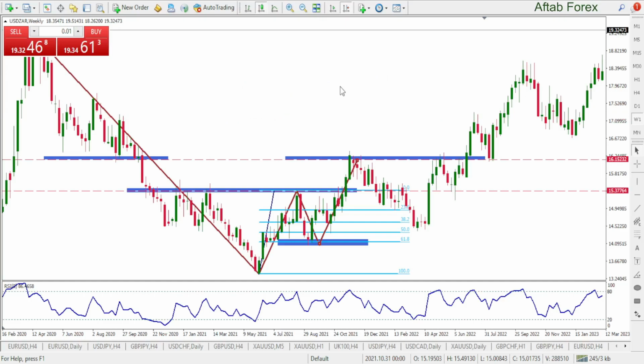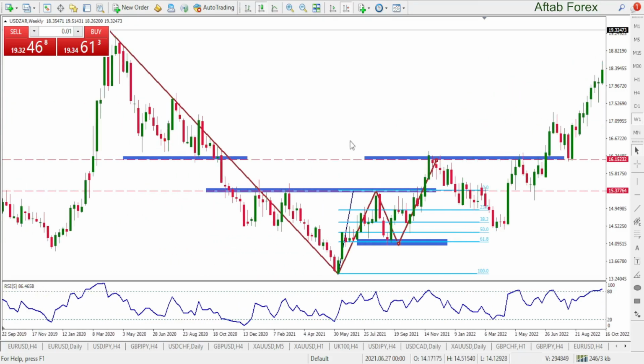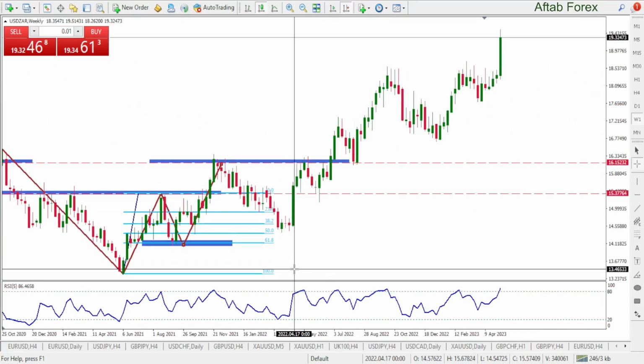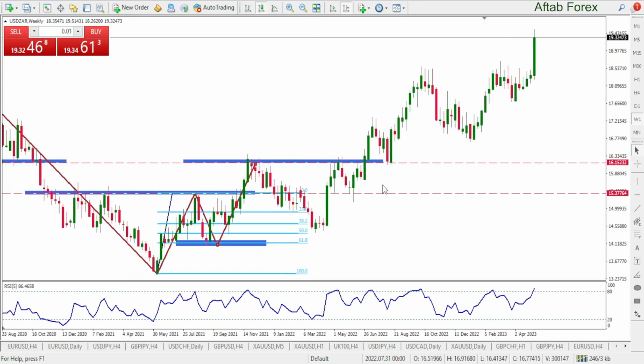Now just have a look at the previous zone. See, a resistance level is broken and it became a support. So support and resistance levels are actually the price points on a chart which help you take trading decisions.